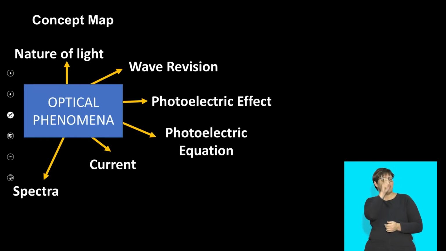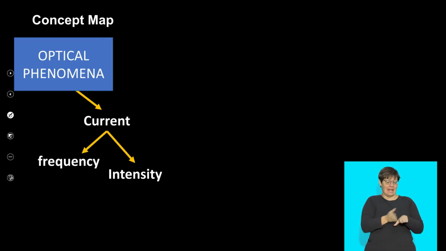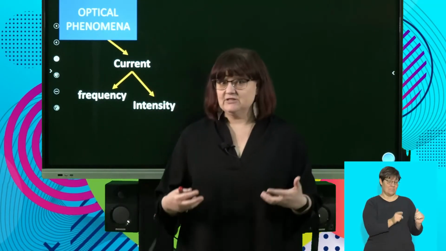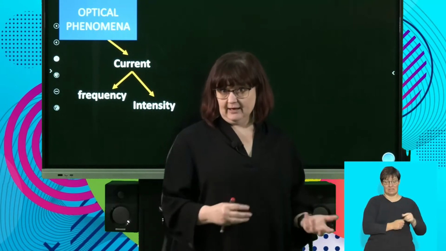Because what we need to remember is that current is the rate of flow of charge. So when we talk about measuring current, we're going, how many electrons are going to be moving per unit time period? That gives us our current, okay?